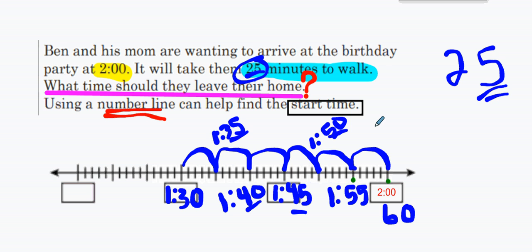So let's go ahead and count. 5, 10, 15, 20, 25. So 25 right here. This is 25 already right here.